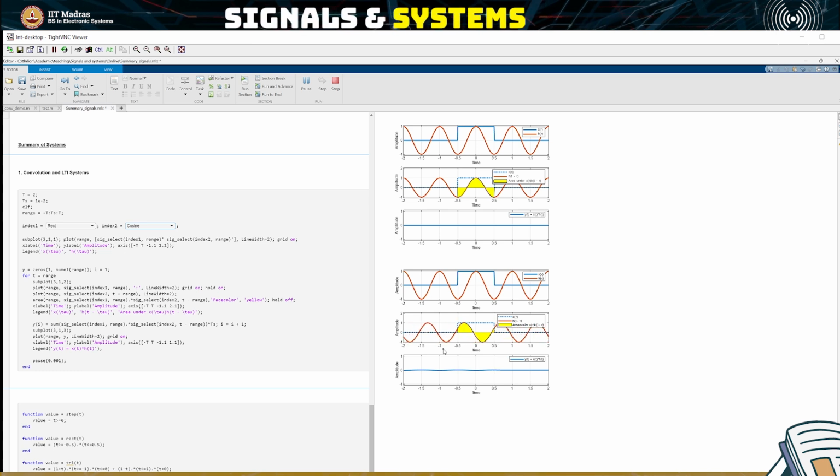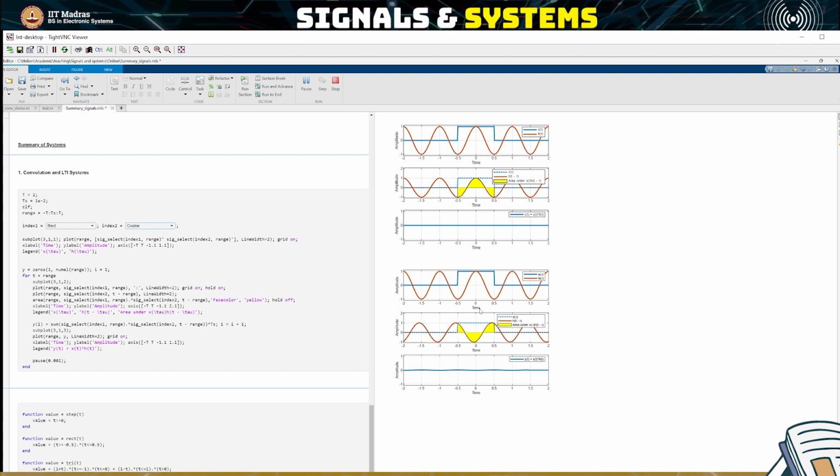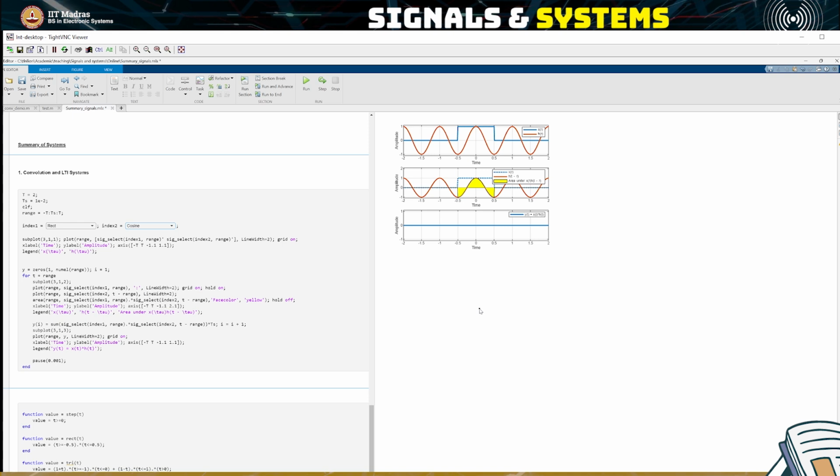Why is the output 0? If you think about it, what is happening here? The rectangular signal is of duration 1, which is exactly equal to the period of the cosine signal also. In other words, at each and every point, all you're trying to do here is compute the area of the cosine signal within a time duration which is exactly equal to the period.